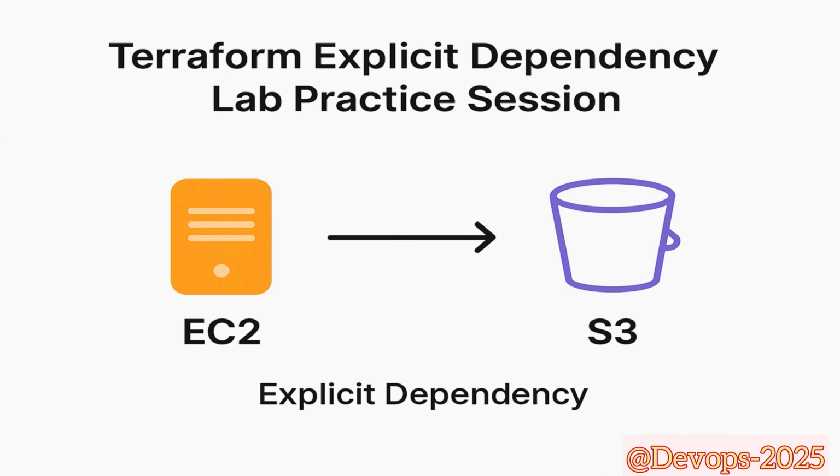So despite no direct connection, I want Terraform to do it. We need to create the S3 bucket first, then create the EC2 instance. That is exactly why we use explicit dependency. So let's jump into the code base.